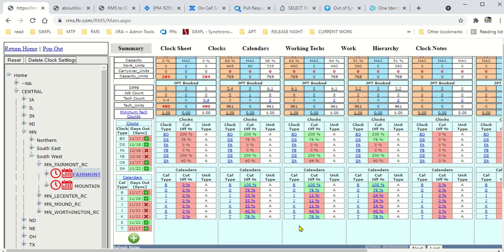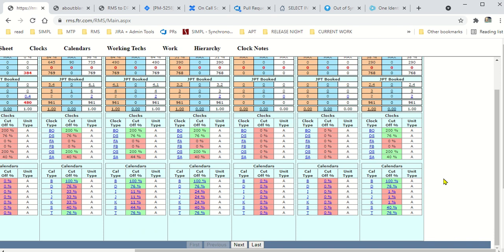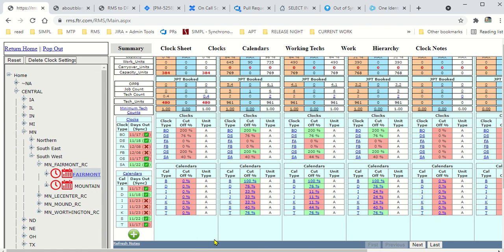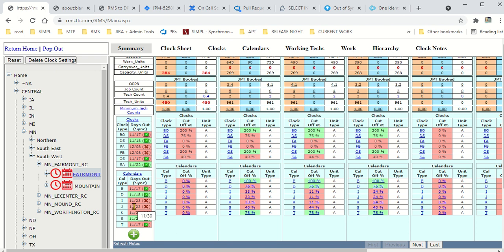Okay, so should I go to the 23rd? Is that all the way in 11:30? So usually when we look at these calendars, we've been looking at the date that RMS gives and not the date that pops up in the tooltip.